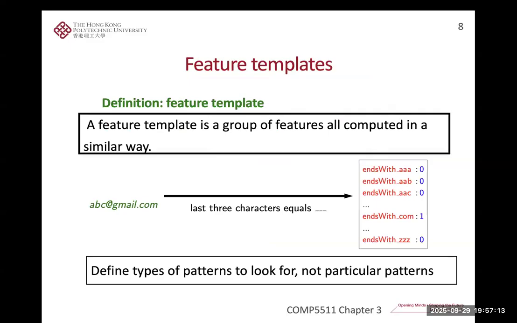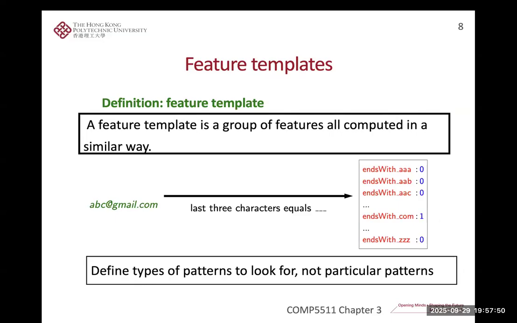Feature templates. Conventionally, people call that a feature. A feature template is a group of features all computed in a similar way. In fact, by this sentence, you can think that we want to design something that can capture certain patterns. Not a particular pattern, but some type of patterns. For example, we can use English to describe it. Still in this application, identify whether a string is an email address or not.